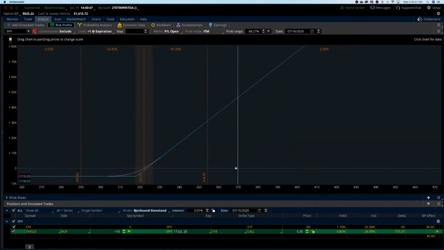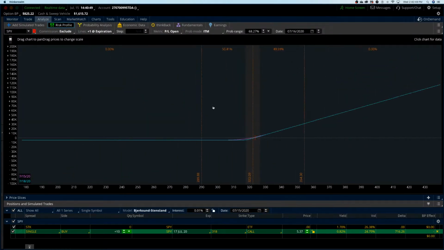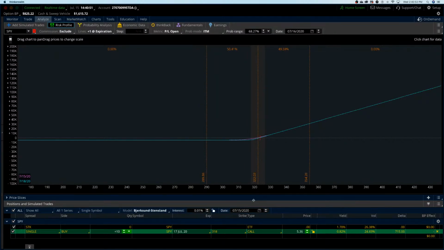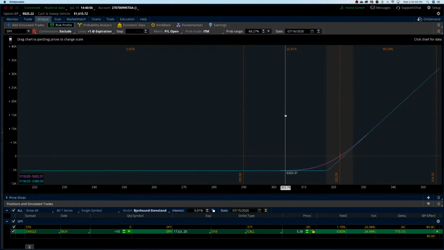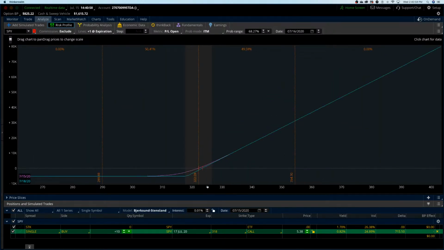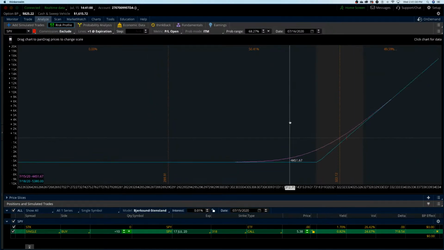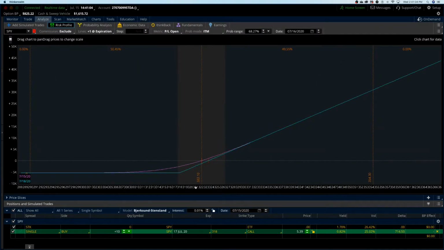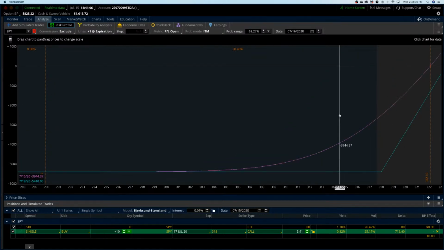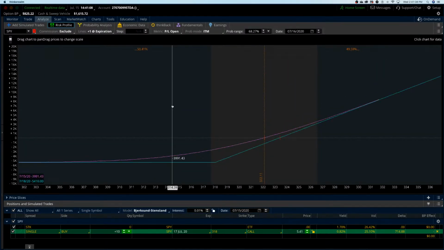Now this is what's called a risk graph, and everybody that trades options loves risk graphs. I'm going to expand it a little bit so it's easy to see, because this tells you everything that you need to know about the contract. Wider. There we go.